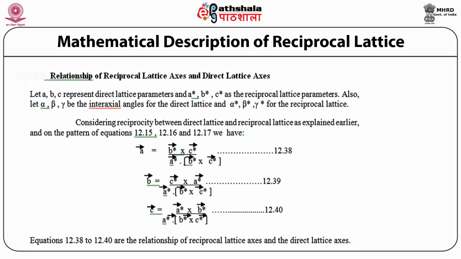Similarly, b vector is equal to c* cross a* upon a* dot (b* cross c*), which is equation 12.39. c vector is equal to a* cross b* upon a* dot (b* cross c*), which is given as equation 12.40. Equations 12.38 to 12.40 are the relationship of reciprocal lattice axes and the direct lattice axes.